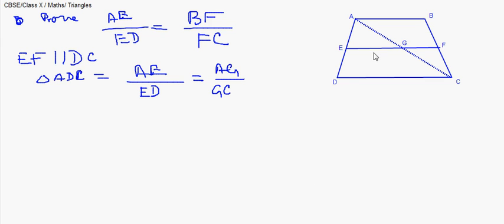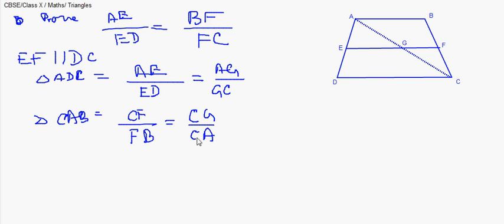Now if I apply this same in triangle CAB, wherein GF is parallel to AB, we will be getting CF by FB equals CG by GA.